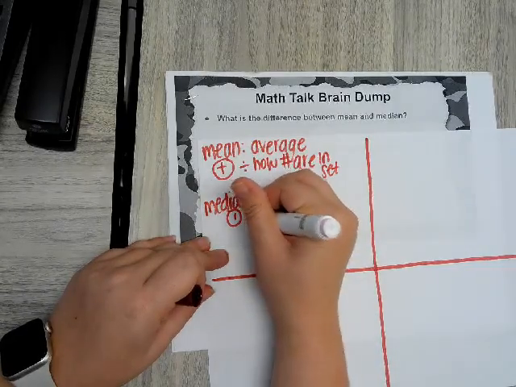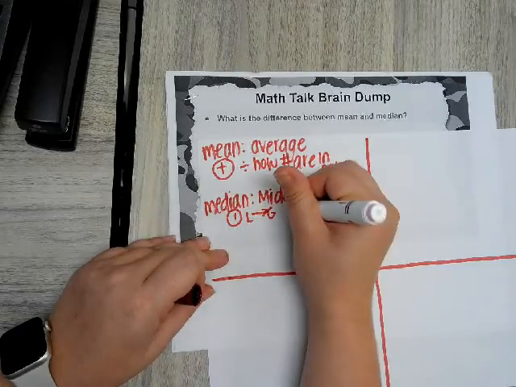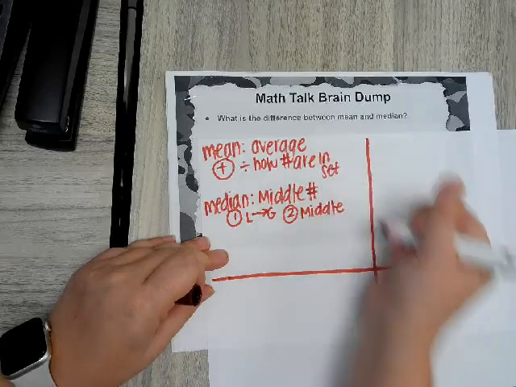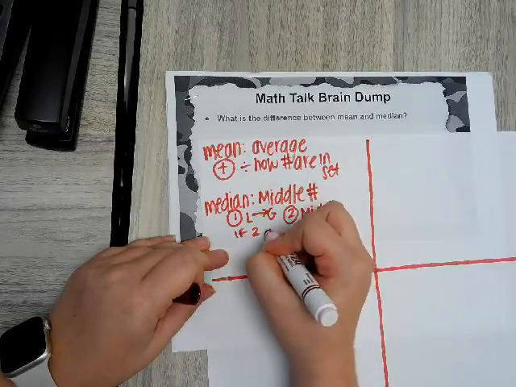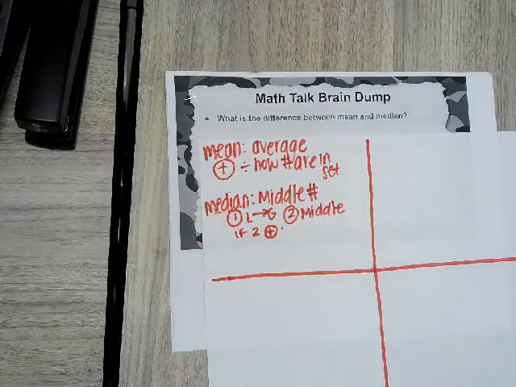Remember, first we have to put them in order from least to greatest, and then we find the middle. If we have 2, then we're going to add and divide by 2.